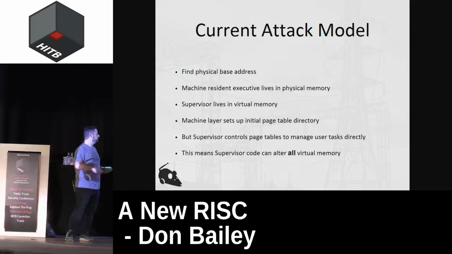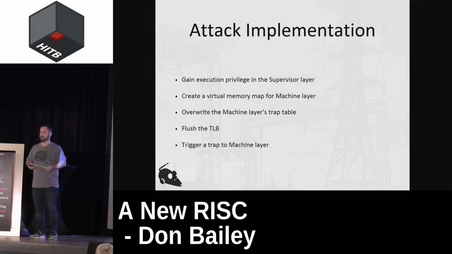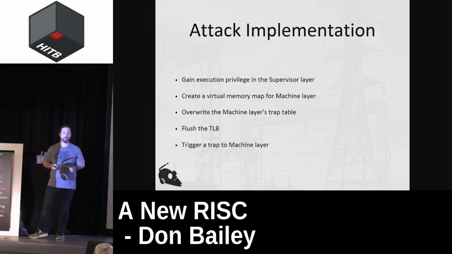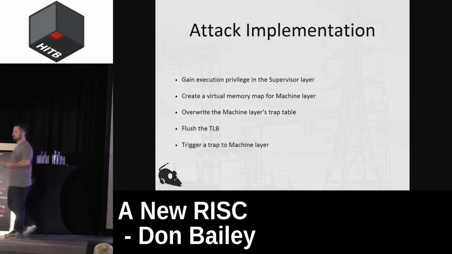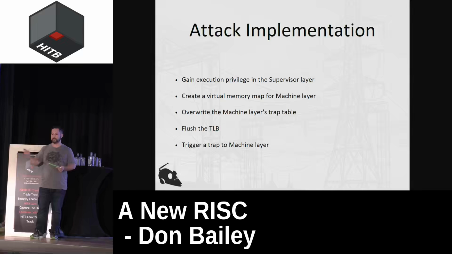So what my exploit does is it basically says, okay, what's the base physical address of DRAM on the computer that I'm running code on? Because that base physical address is where the first executable piece of code will run on reset. So when the computer resets or the CPU resets, it says, okay, what's the base address for code? That's probably DRAM. What's the base address in physical memory for DRAM? 80000000, right?